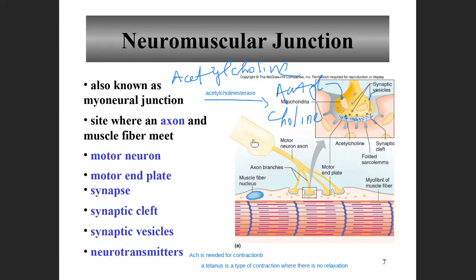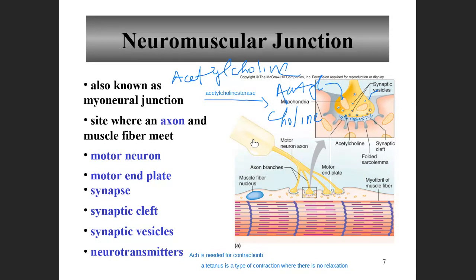Now, for every contraction, there has to be a relaxation period. And during that relaxation period, in the synaptic cleft, there's an enzyme called acetylcholine esterase. This enzyme digests or destroys the acetylcholine. It breaks it down to choline and the acetyl group. Imagine it's like Legos, right? Two Legos stuck together, it's functional. If you break them apart, it's not functional anymore. But that's normal physiology.